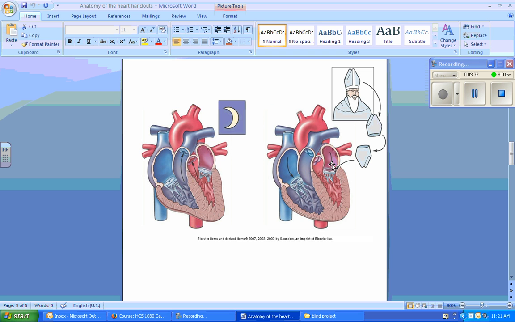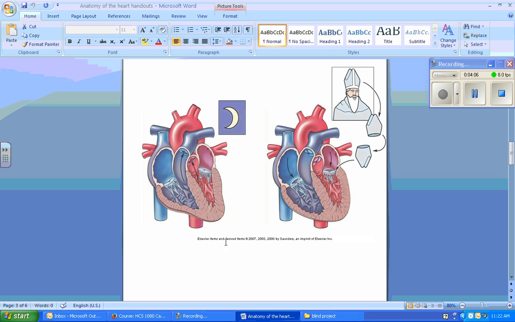At this level, we're not going to get into that, but retrograde flow or reverse flow will happen in a valve that has been stenotic or narrowed. Sometimes the valves don't open completely, or they're also referred to as incompetent. If a valve is not working properly, it can also be referred to as an incompetent valve.